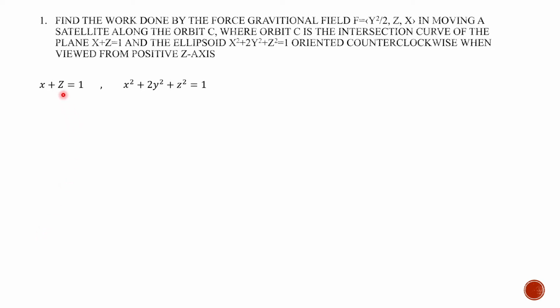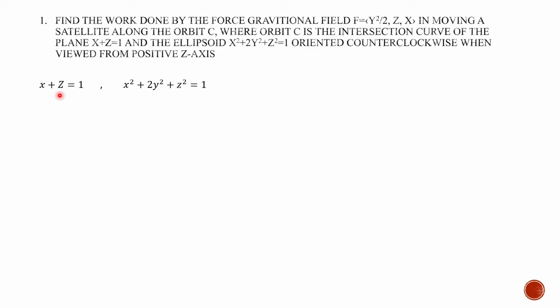The first example is to find the work done by the gravitational force field F equals y squared, 2z, and x in moving a satellite along the orbit C, where orbit C is the intersection curve of the plane x plus z equals 1 and the ellipsoid x squared plus 2y squared plus z squared equals 1, oriented counterclockwise when viewed from the positive z axis.